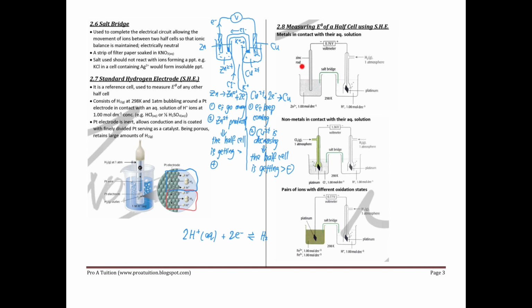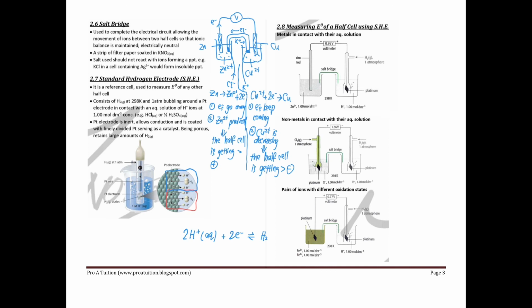So if you use zinc, connected to the standard hydrogen electrode, and the reading shown is 0.76, that means the 0.76 is because of zinc, not because of SHE. SHE contributes no value, so it's because of zinc.